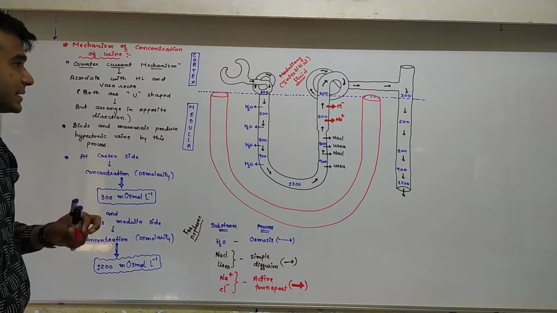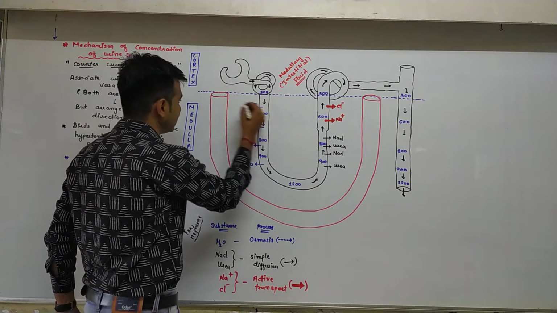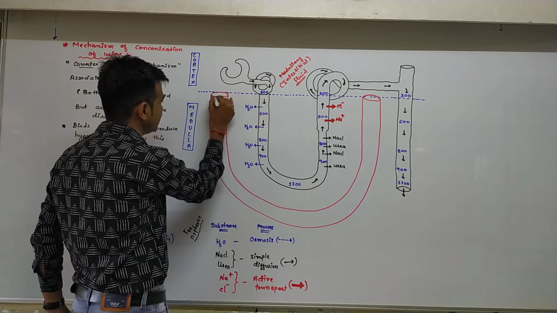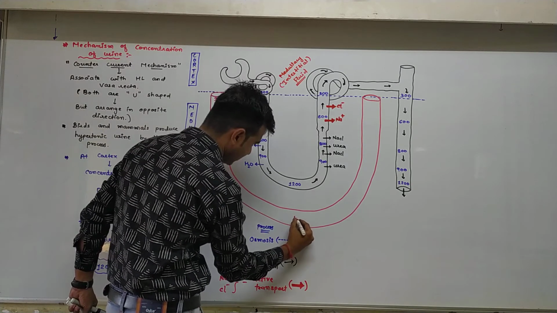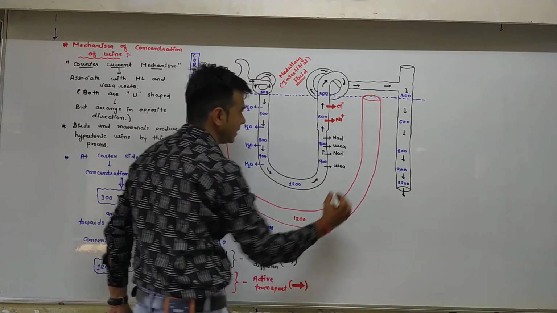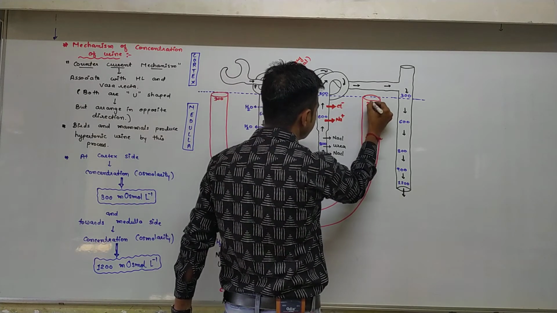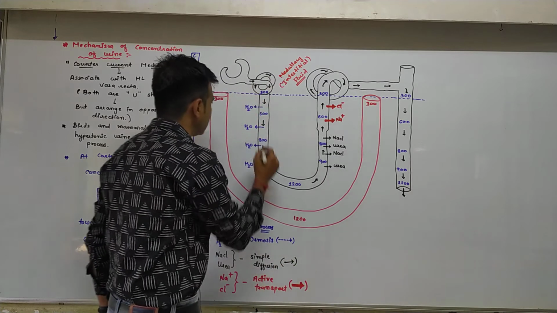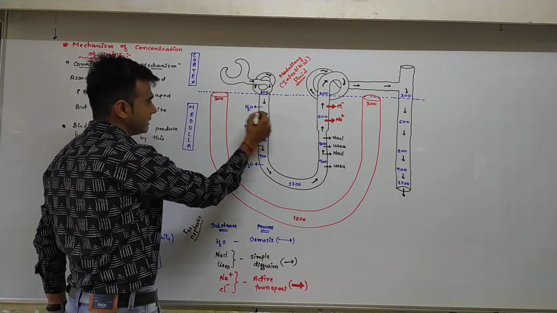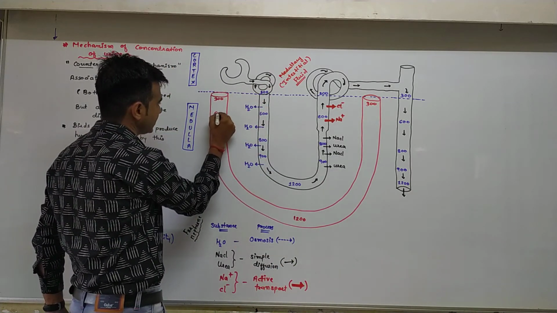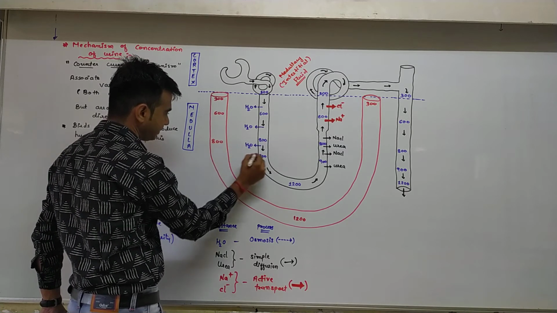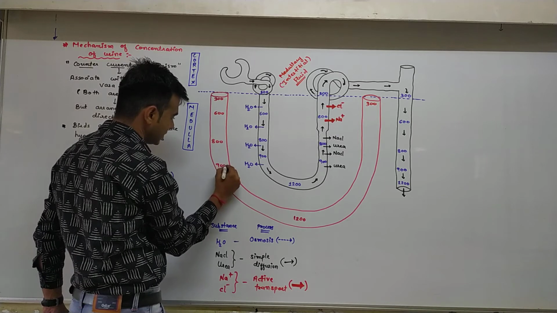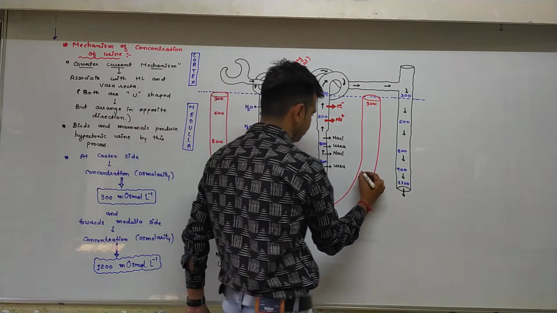You know that in the vasa recta, initially there is a concentration of 300 at the cortex side, and at the medullary side 100 milliosmol per liter. Now you write the same digits here: 600 at the same level, 800 at this level, and 900 at this level, the same way.